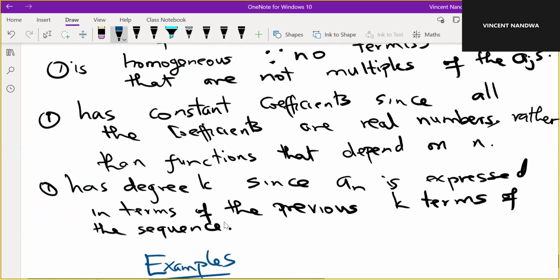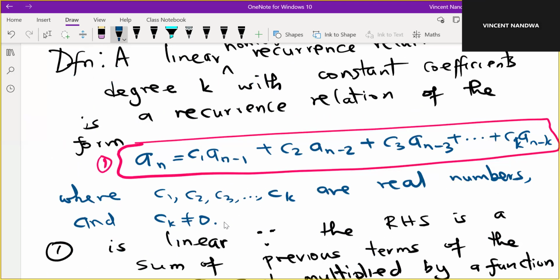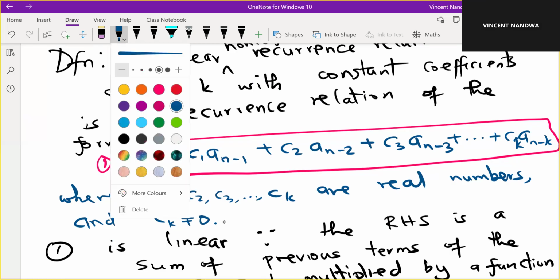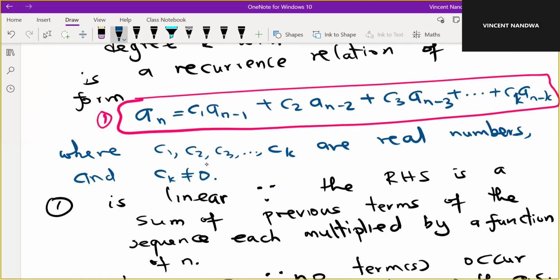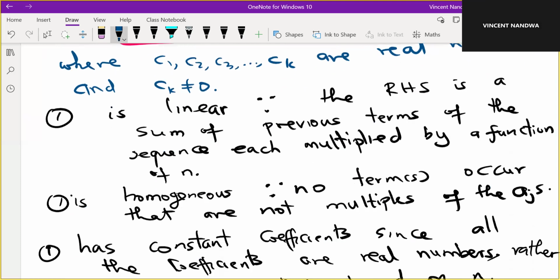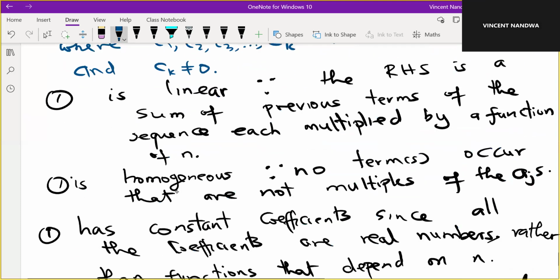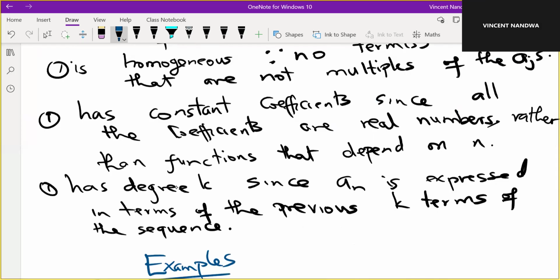So check, this was the definition: if we have a recurrence relation of the form given in (1), then this is a linear homogeneous recurrence relation of degree k with constant coefficients. And we have gone further and explained why we are calling this linear, why homogeneous, why constant coefficient, and why we are saying it has degree k.